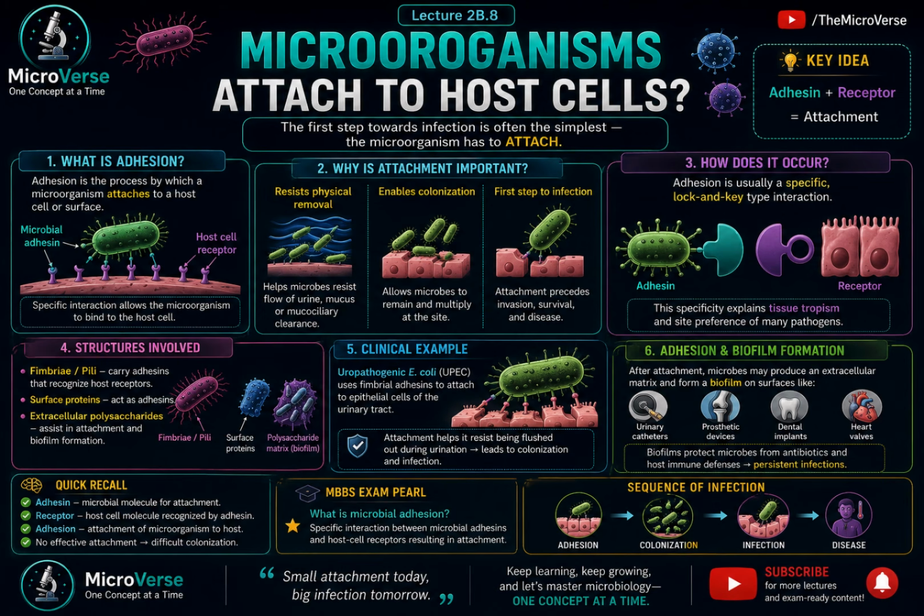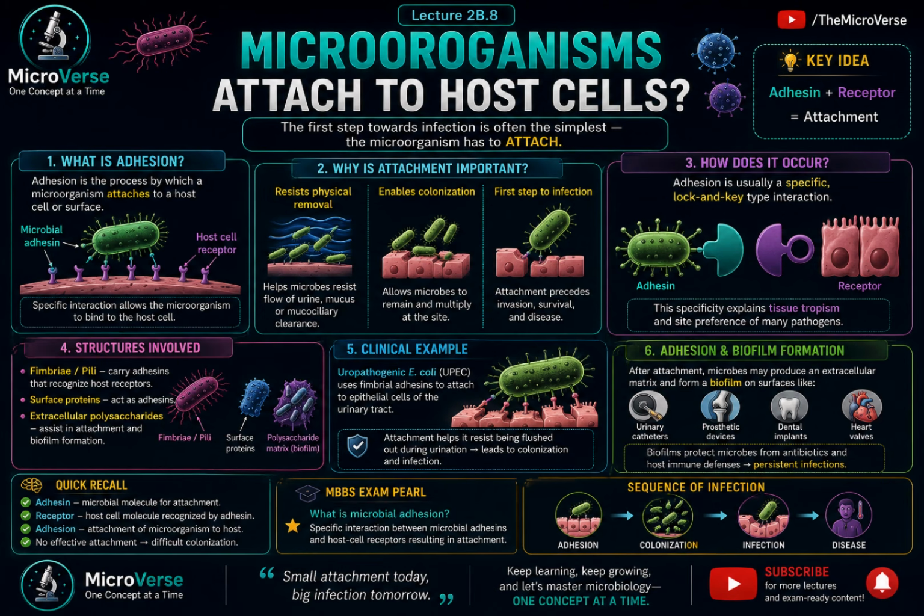Let's understand the process of microbial adhesion. So what is adhesion? Before a microorganism can invade tissue, multiply, or produce toxins, it often needs to remain at the appropriate site in the host. This is where adhesins come in. Microbial adhesion is the process by which microorganisms attach to the host cell or surface.